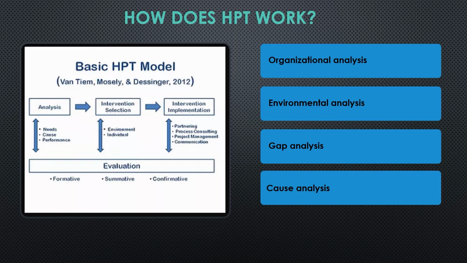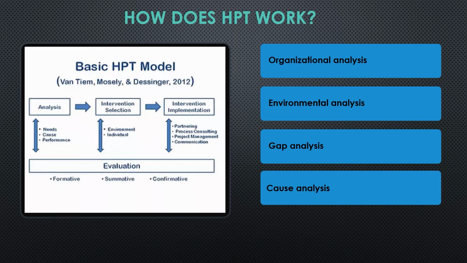The difference between the HPT model and the ADDIE model is the expansion of the analysis phase. In HPT, performance analysis consists of several elements to include organizational analysis, environmental analysis, gap analysis, and cause analysis.